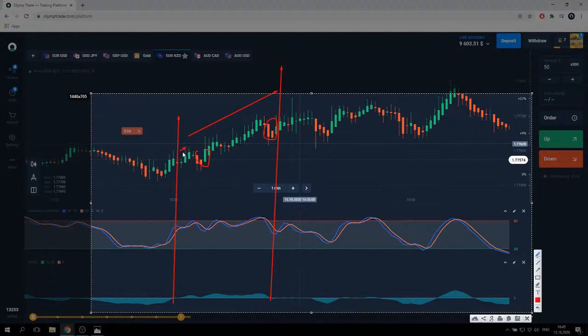Why? Because you see the price is forming higher highs, stochastic intersection. In fact, it started from here, this blue line intersected this red line from down to up, not even going to the oversold region, and here you see that the down momentum is shifting towards the high side.